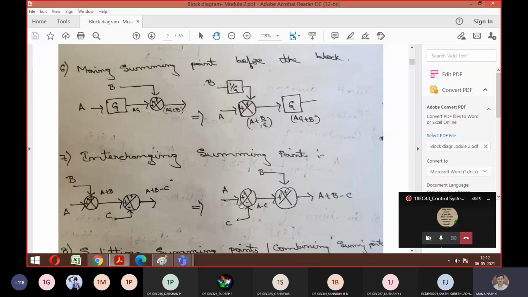So what should I do? To get plus b, I should connect a new summing point having addition to my b signal. If I connect this way, is it the same as the first one? Is it a plus b minus c? Here also a plus b minus c.